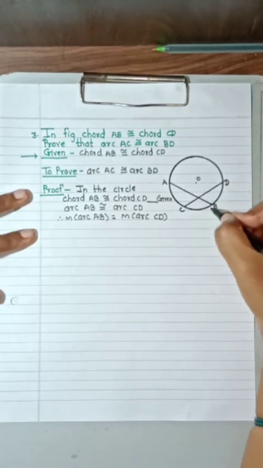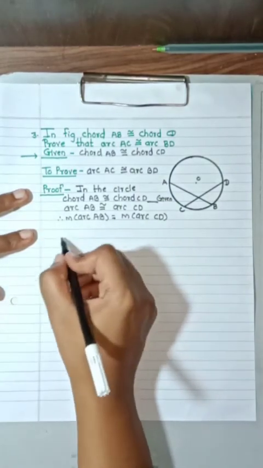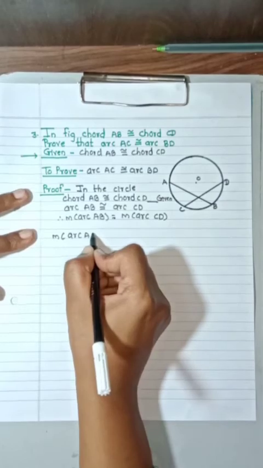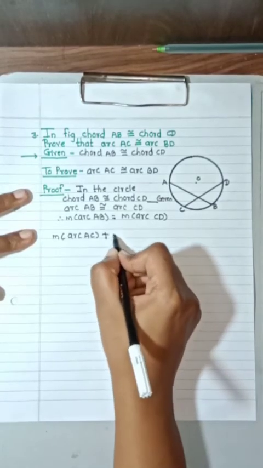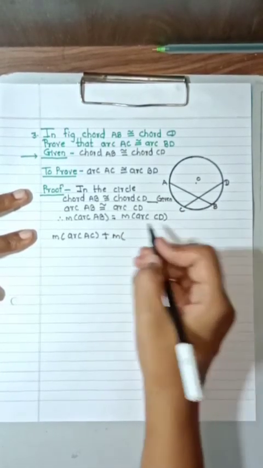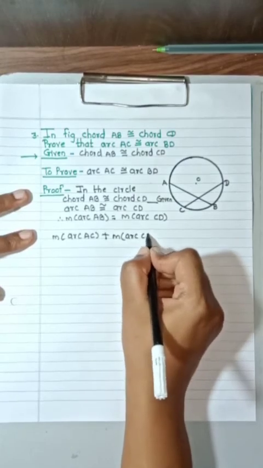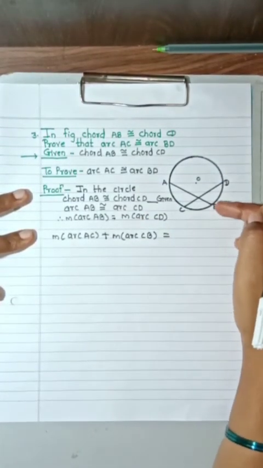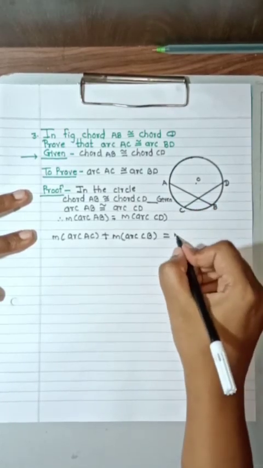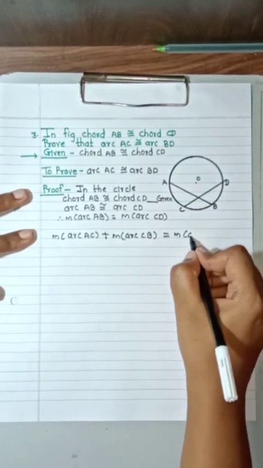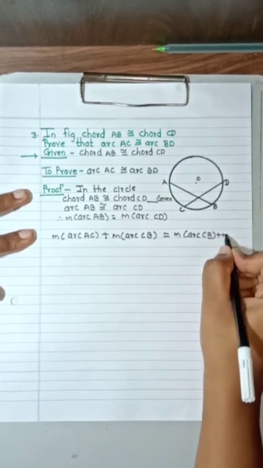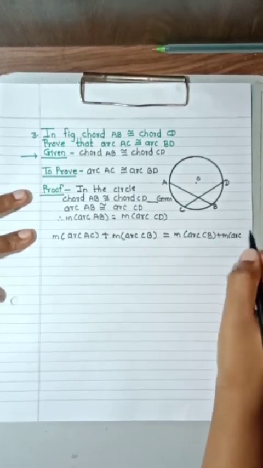I'll write down here, measurement of arc AC plus measurement of arc CB is equal to, now what is CD? Arc CB plus arc BD. Measurement of arc CB plus measurement of arc BD.